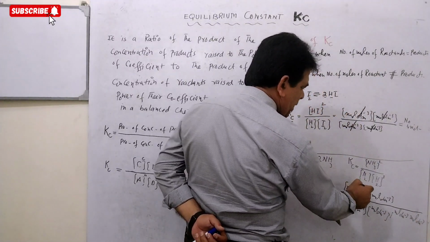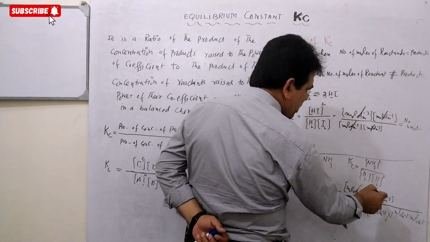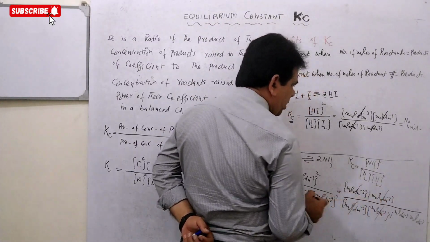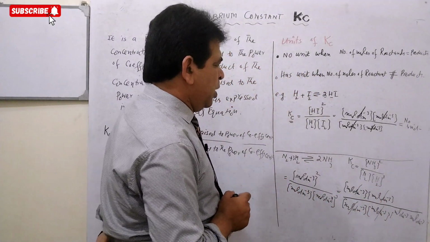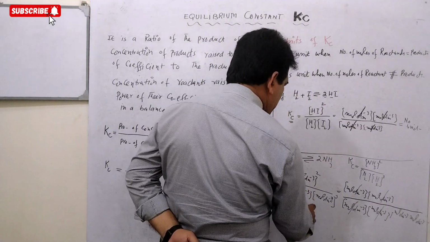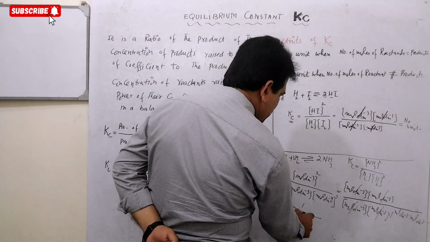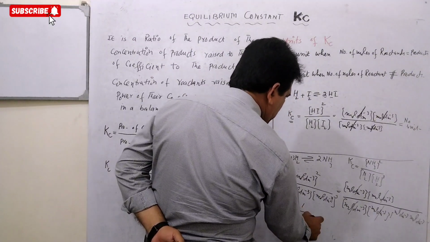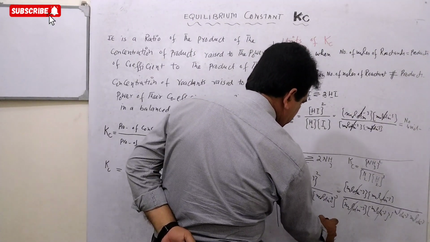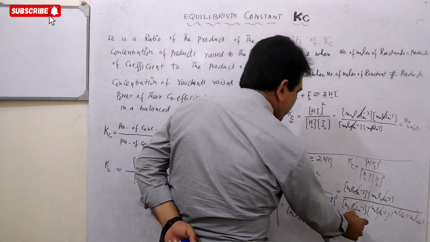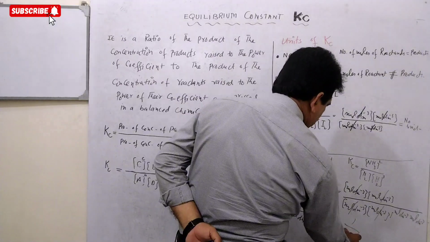Okay, this mole per decimeter cube will be cancelled with this mole per decimeter cube. This mole per decimeter cube will be cancelled with this mole per decimeter cube. Now the left over will be 1 over mole per decimeter cube into mole per decimeter cube. So it will now become 1 by mole.